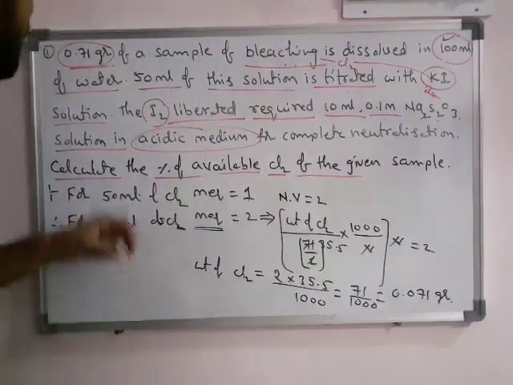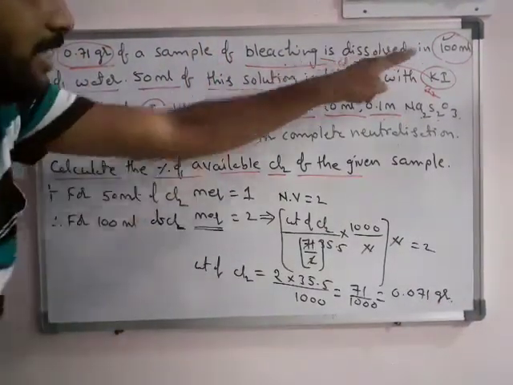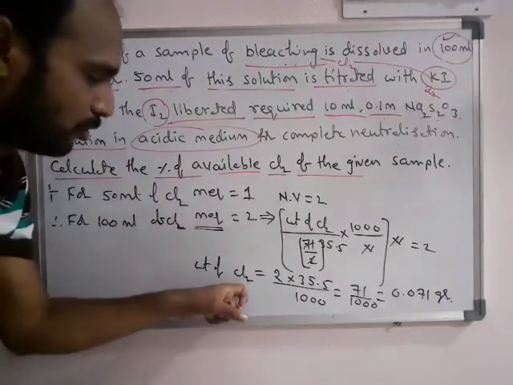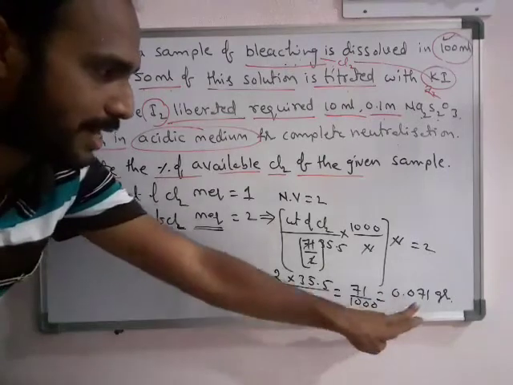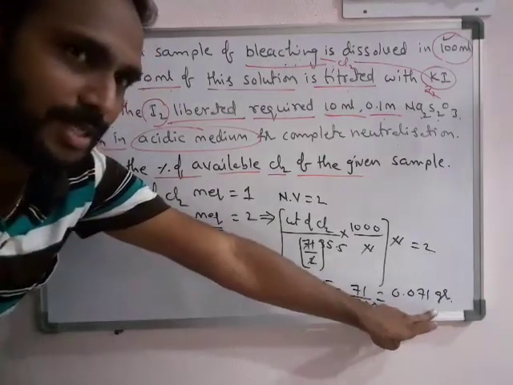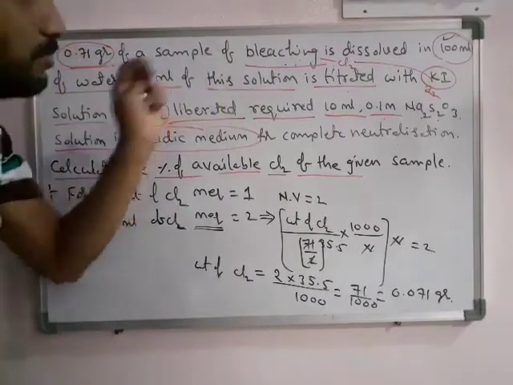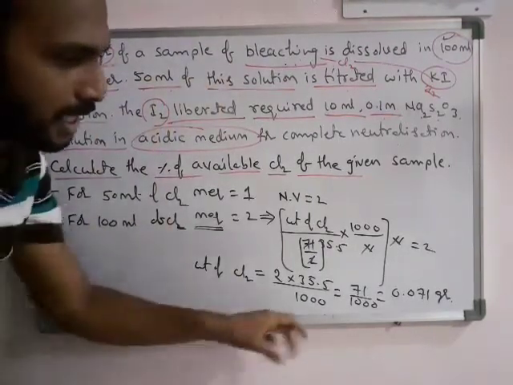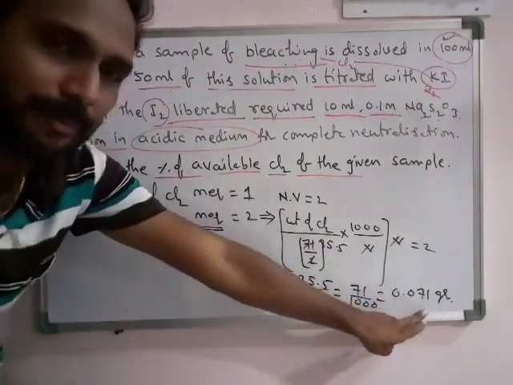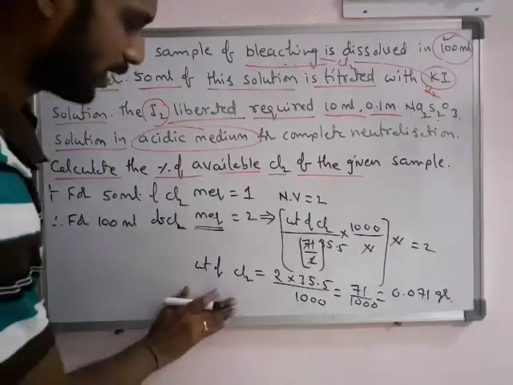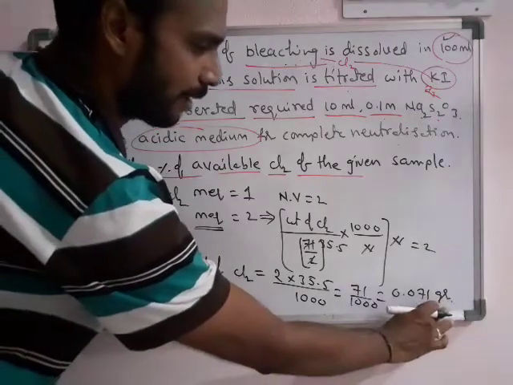Means from the 100 milliliter of this bleaching powder solution, the weight of chlorine released is 0.071 gram. That means we took 0.71 of bleaching powder to start, and the chlorine obtained from it is 0.071 gram. What is available chlorine? Here available chlorine means 0.071 gram.